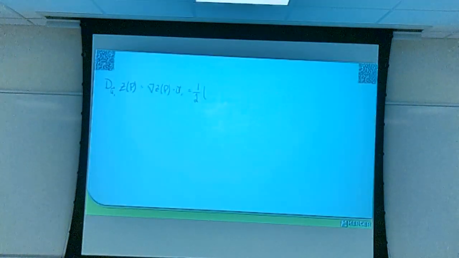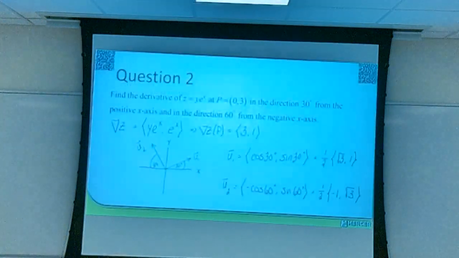Move all the scalar multiples out in front, multiply them together, and then take the dot product of the vectors. Three times root 3 plus 1.